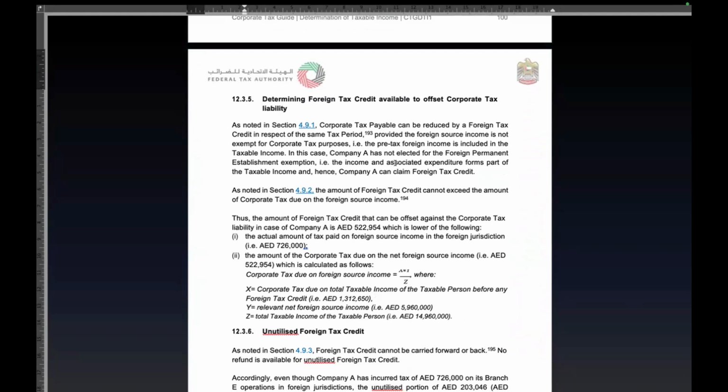So the maximum credit allowed is 522,954, whatever they have given here. They said company A can take the maximum credit of 522,954.